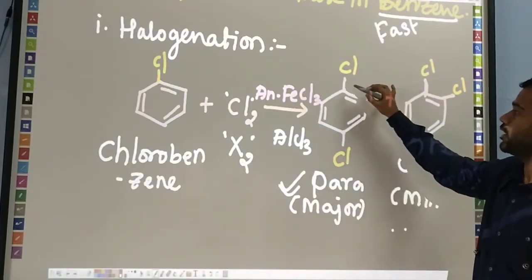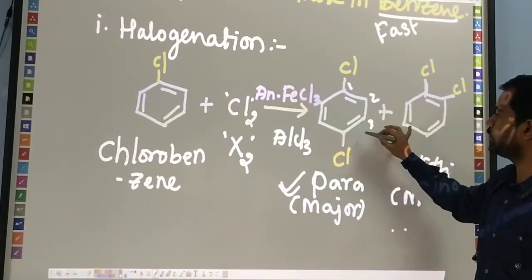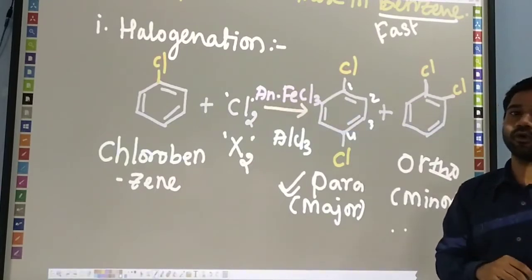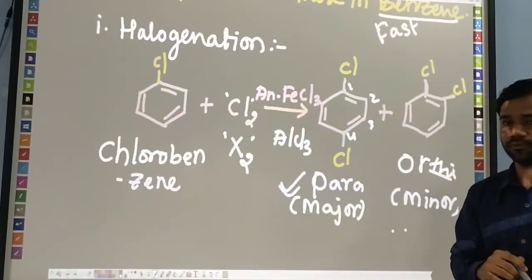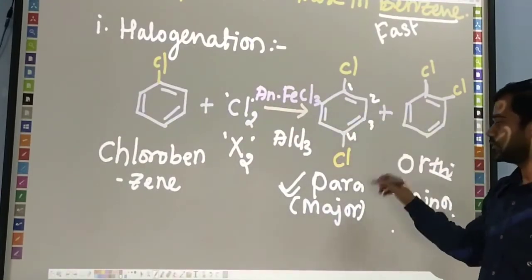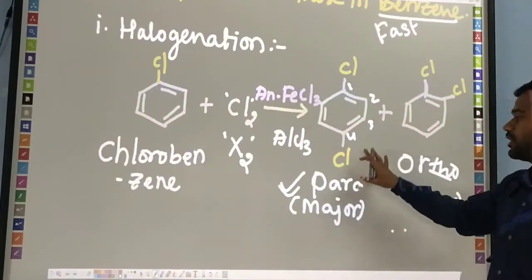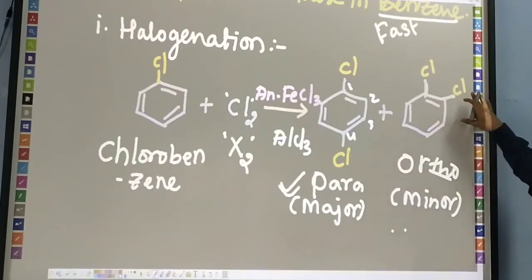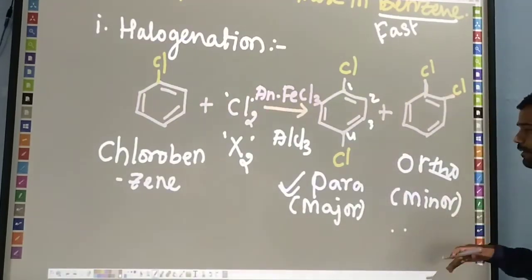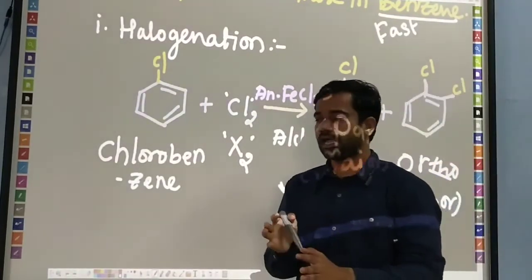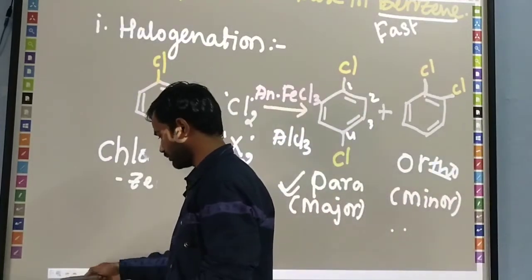It is 1,4-dichlorobenzene. What is the name of the major product? 1,4-dichlorobenzene is our major product here. 1,2-dichlorobenzene is our minor product in the halogenation reaction.